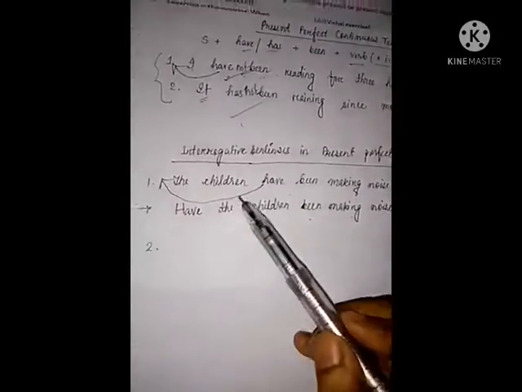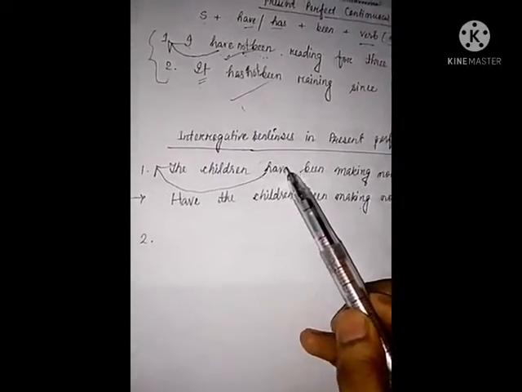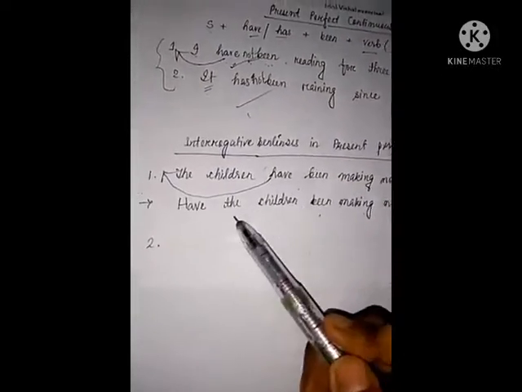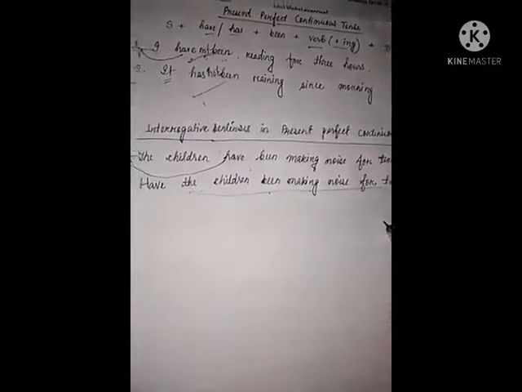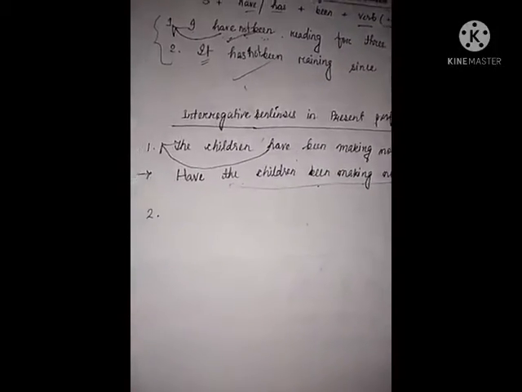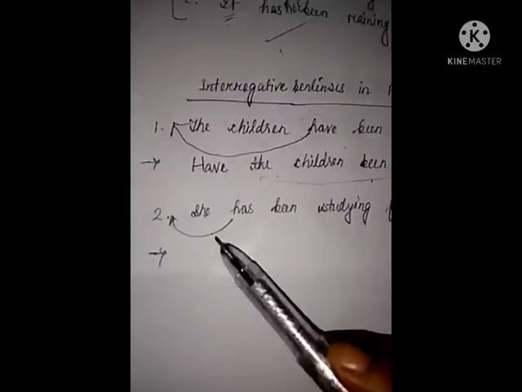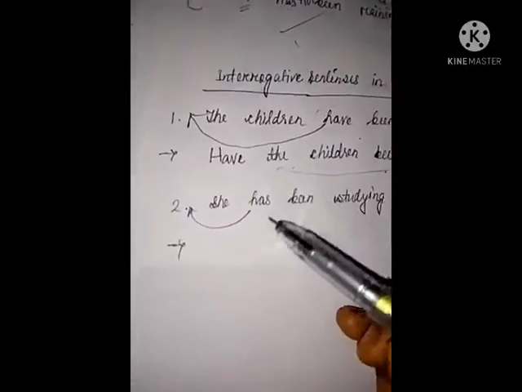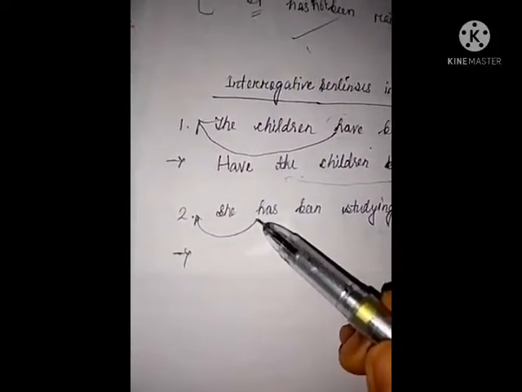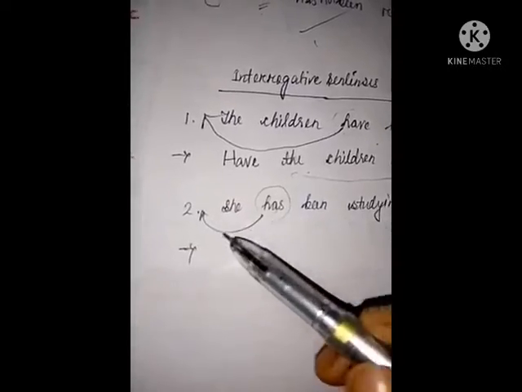So only the place of have is changed, the rest of the parts remain the same. Very easy, you can easily do this. Okay, see another example. She has been studying for 2 hours. Like the previous sentence, just move the auxiliary verb before the subject. Like this you can make interrogative sentences.